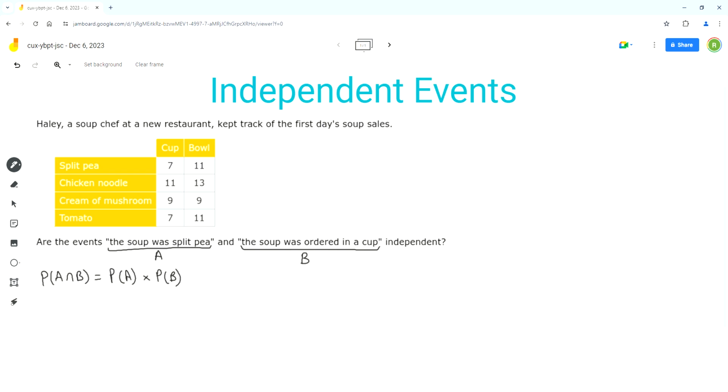Now we have to calculate the probabilities from the given data.